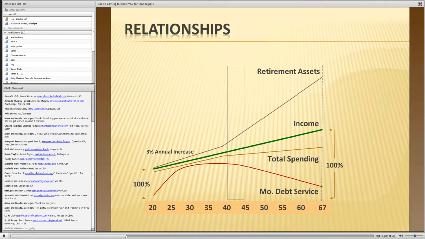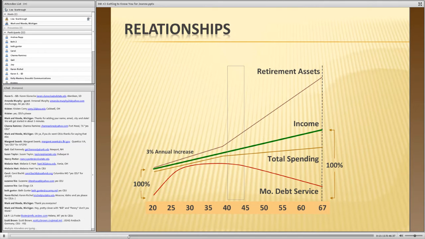40s. We're buying things. And then it should begin to level off as we get into our 40s and 50s and 60s. At the same time, the red line, which is our debt service, we're buying things and financing them, is peaking in our 30s and early 40s and then begins to drop off.